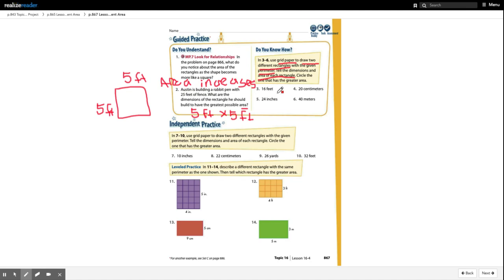So number 3 is 16 feet. I'm going to draw number 3 over here. It's important to know what you're drawing. Rectangles, that's right. So think about what numbers, what dimensions can help us give us 16 feet as our perimeter. We need 2.